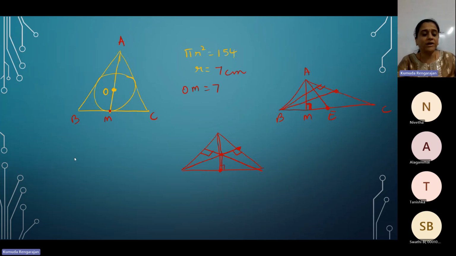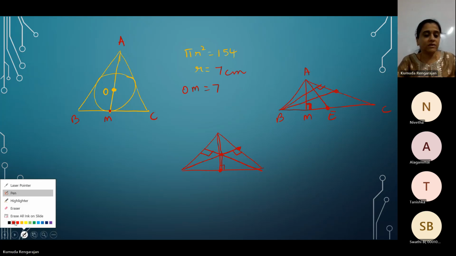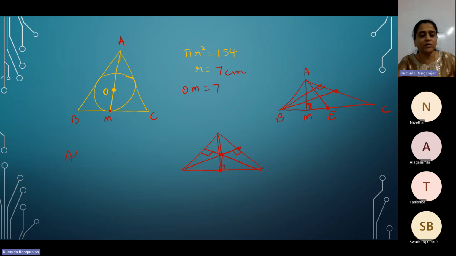So the point of concurrence of the altitudes is called the orthocenter. And the point of concurrence of the medians is called the centroid. All of you visualize a triangle.